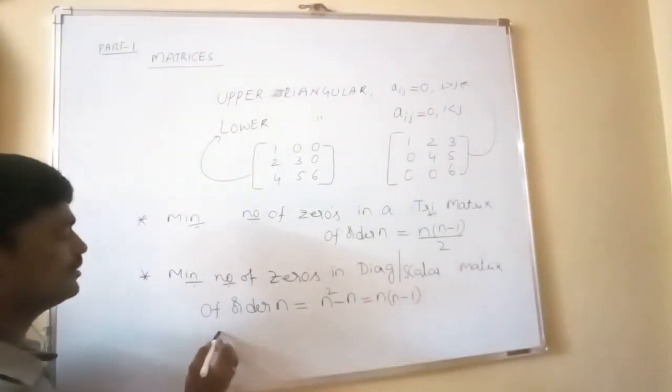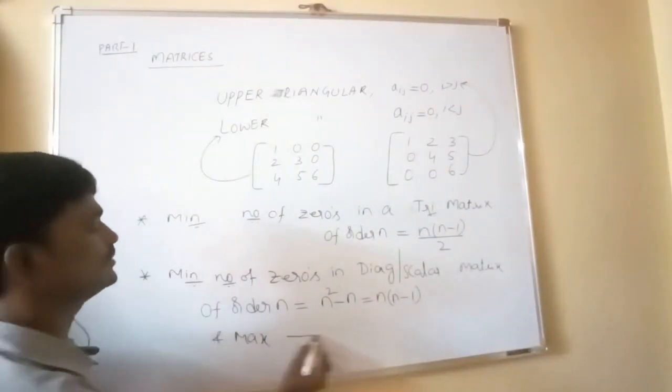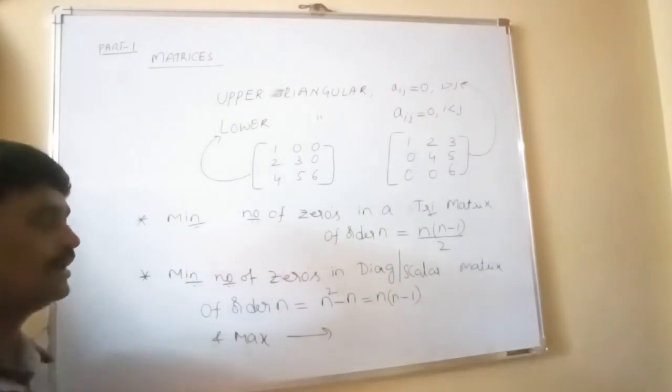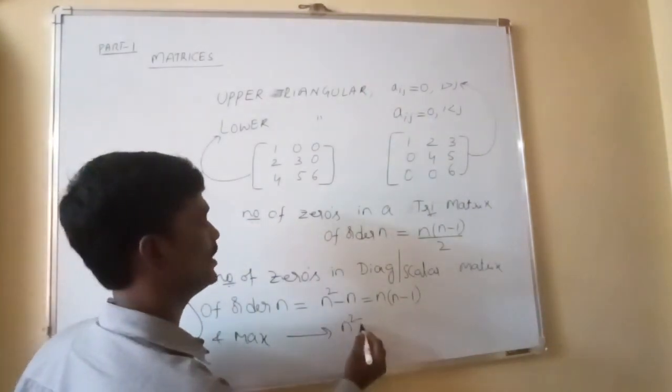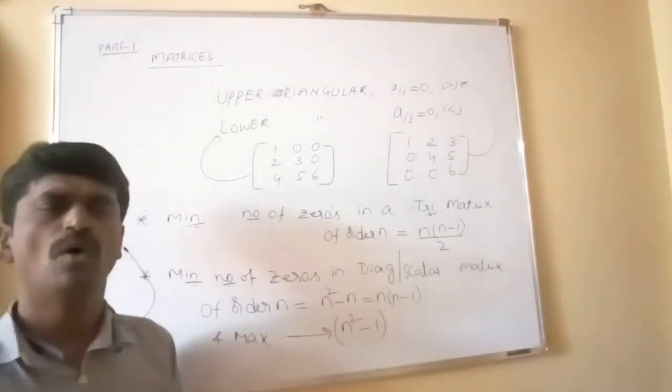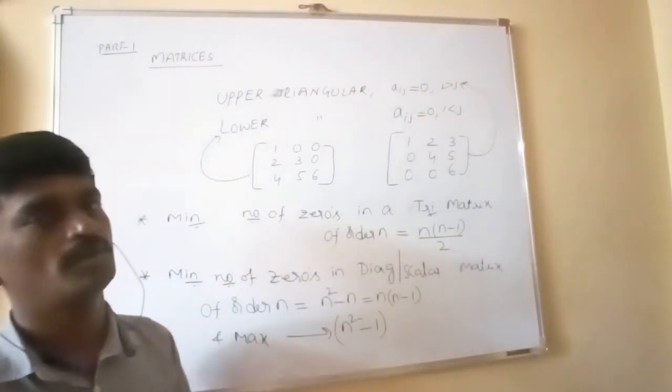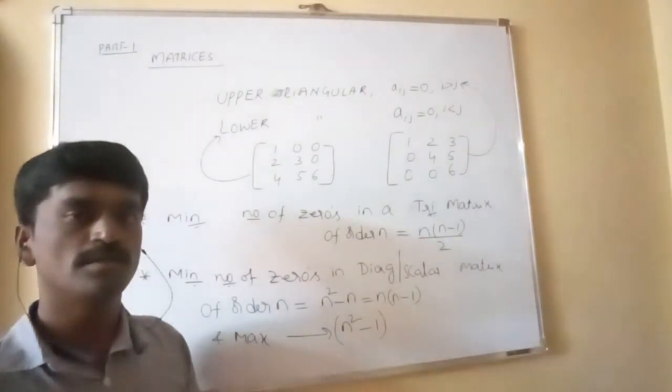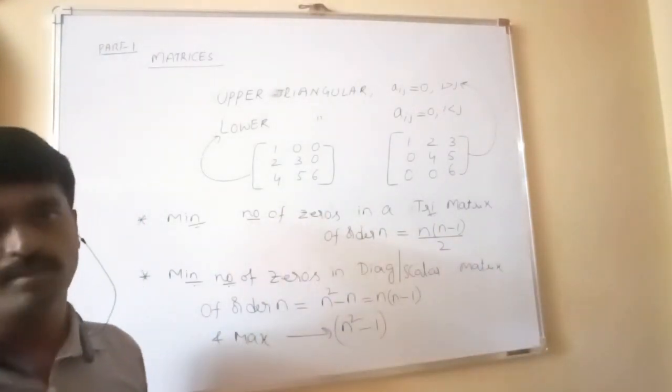And the maximum number of zeros in a diagonal or scalar matrix will be n square minus 1. That means all elements are 0 except one element, which is not equal to 0. That one element is present in the diagonal. Okay, thank you.